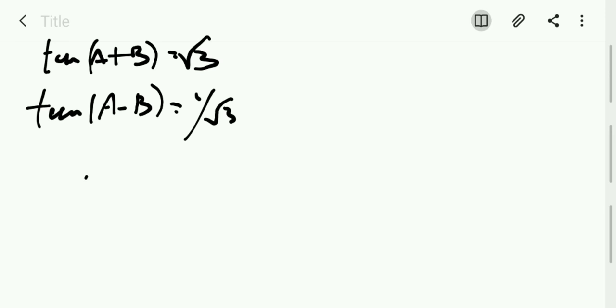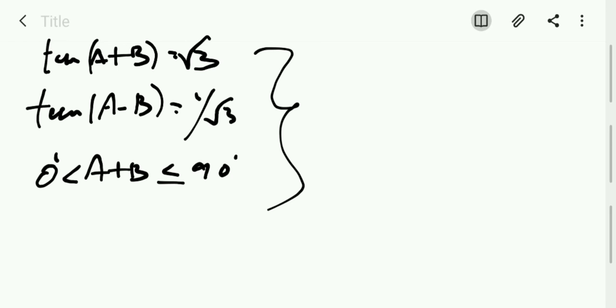The same condition: a plus b is less than or equal to 90 degree, but definitely greater than 0 degree. So this is your sum. What you need to find are the values of a and b. Now let's start the sum.